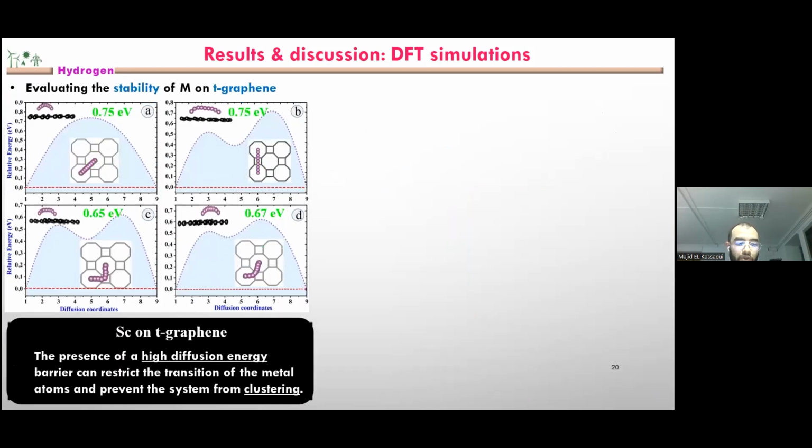To verify this possibility, we calculate the energy barriers for the diffusion of the scandium atoms from the most favorable adsorption site to other ones. This value is high, and therefore the presence of a high diffusion energy barrier can restrict the transition of the metal atoms and prevent the system from crystallizing.